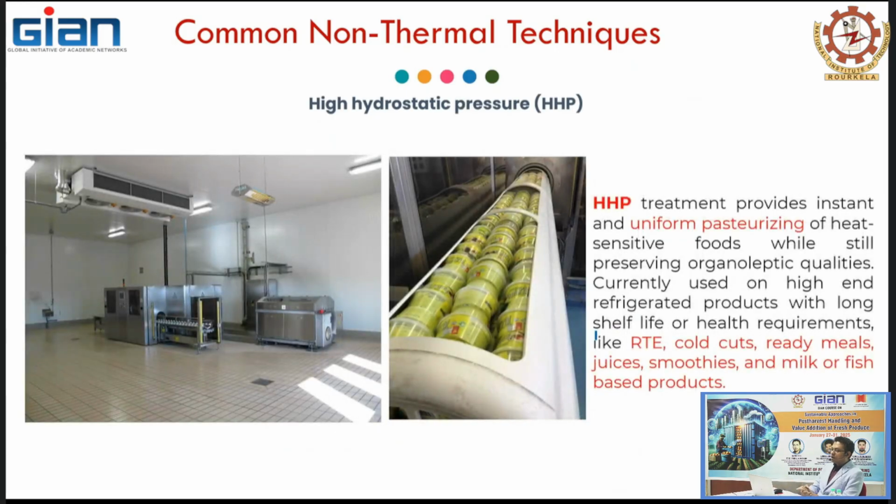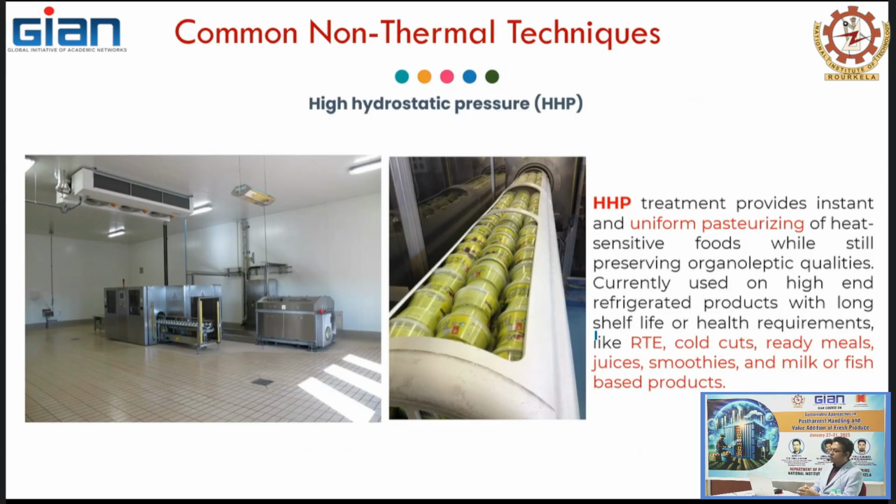This type of pasteurizing process is uniform, because with other processes you are dealing with a number of operations, while with high pressure each component of the product is equally treated.